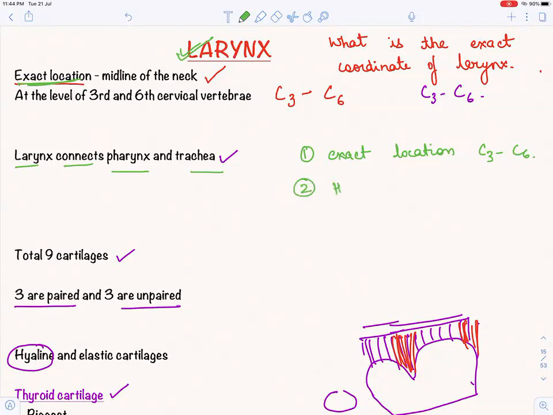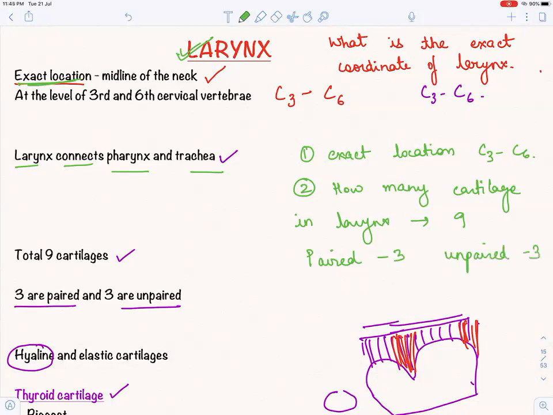Second question, how many cartilages are there in the larynx? Answer is 9. How many are paired? 3. Unpaired? 3. And hyaline cartilages 3 and elastic cartilages 3.